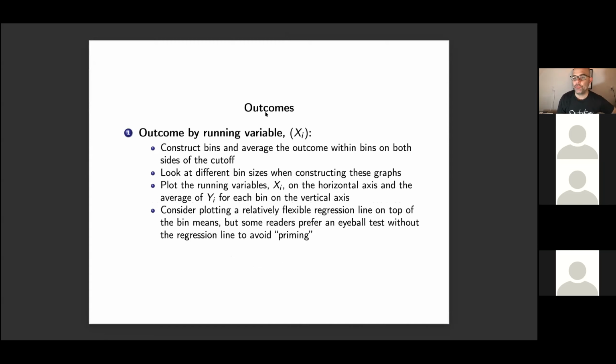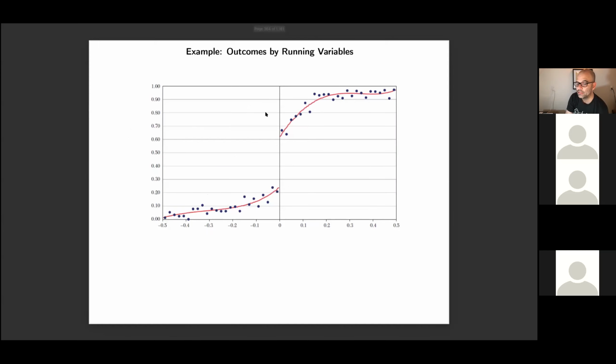One, you have to include a graph of the outcome by the running variable. You're going to have to put the outcome into bins, average the outcome within bins on both sides of the cutoff, look at different bin sizes. You're just going to be plotting y as a function of x on the horizontal axis, and you're just going to probably have a flexible regression line on top of the bin means, something like this, right? So this is mandatory, this should be one of your main results.